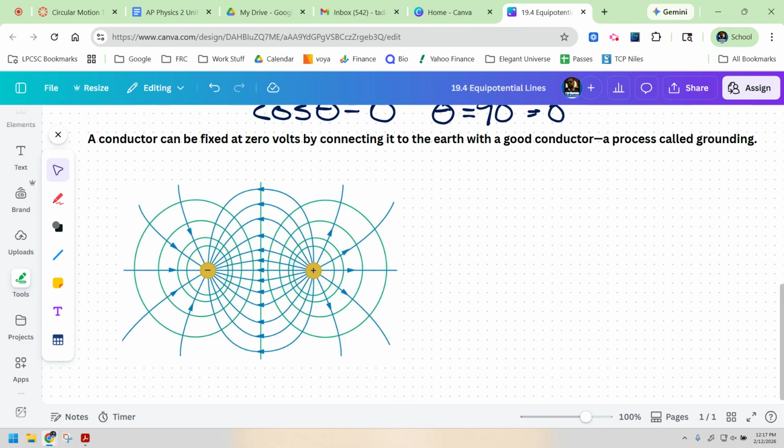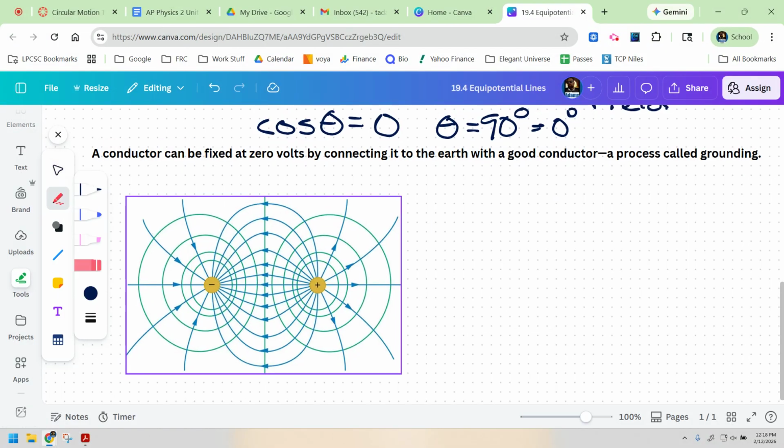I just said that. But the important thing to know that I didn't mention is that the potential is greatest, or the most positive, near the positive charge and the least negative at the negative charge, okay? So when we get really close to the negative, this would be considered the least potential, right?